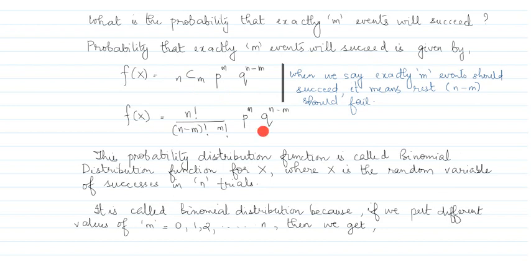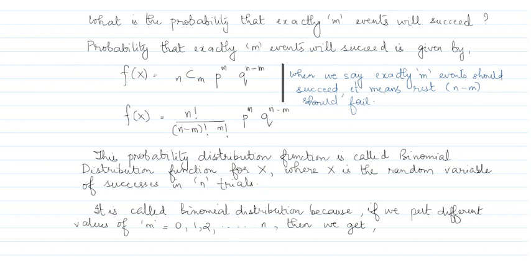This function is called the probability distribution function, and this is the binomial distribution function for x, where the random variable x that we are looking at is the number of successes in n trials.